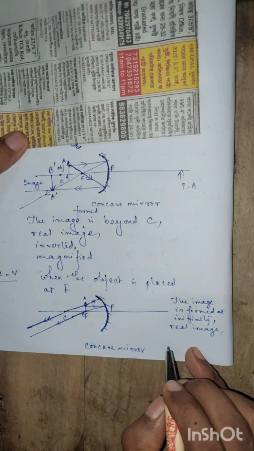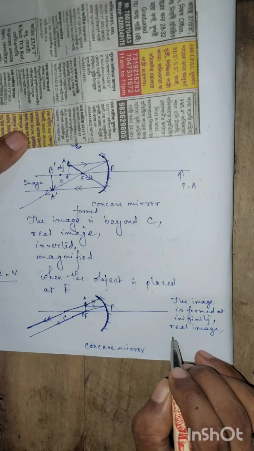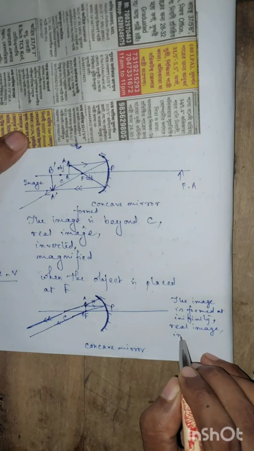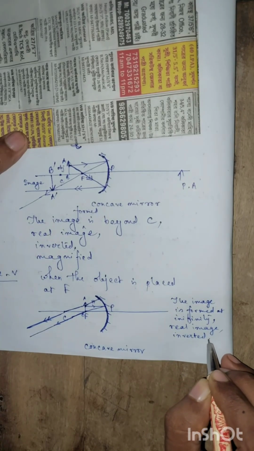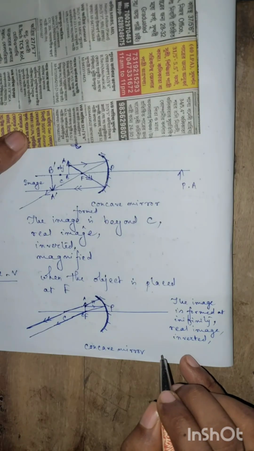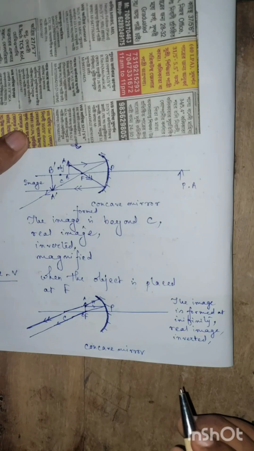Number three, it is inverted, and the image of the object will be highly magnified.